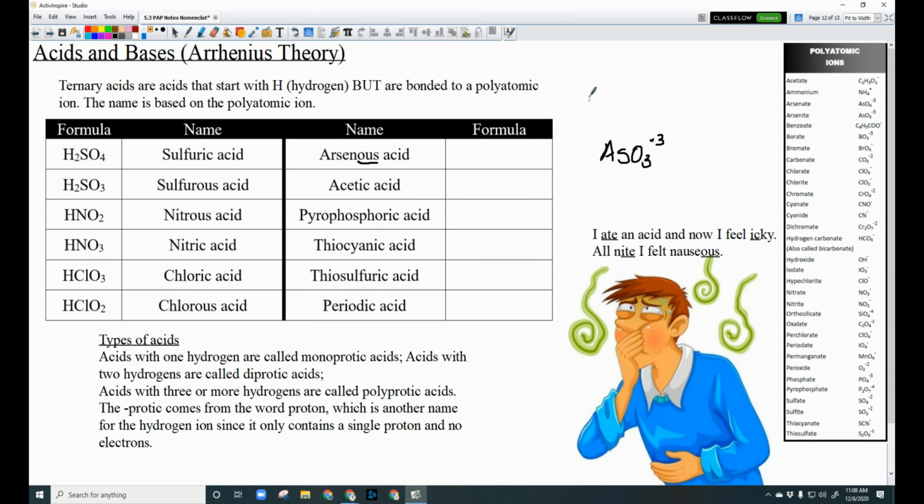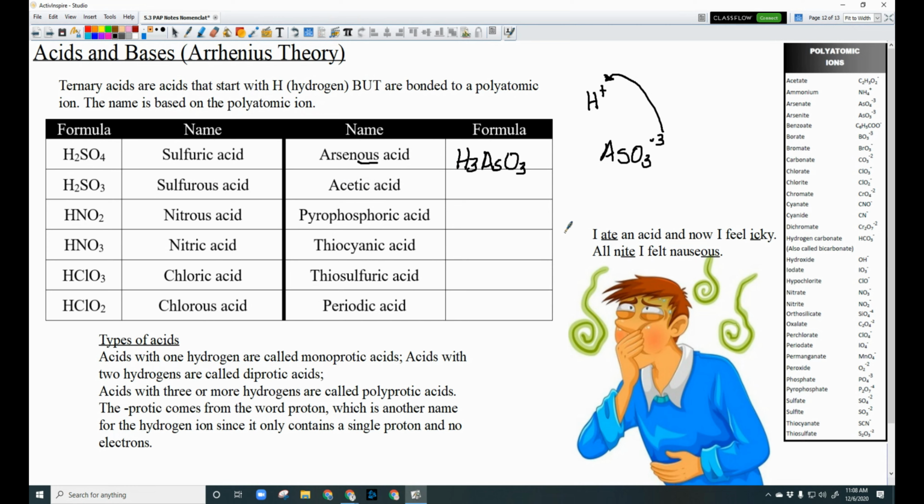Because remember, swap and drop, hydrogen's always positive. So if we swap and drop, we're going to need one of these, but we need 3 hydrogens to complete. So this is going to be H3AsO3, arsenous acid.